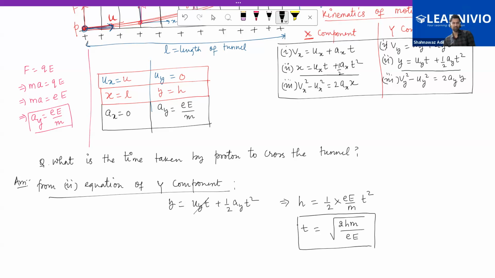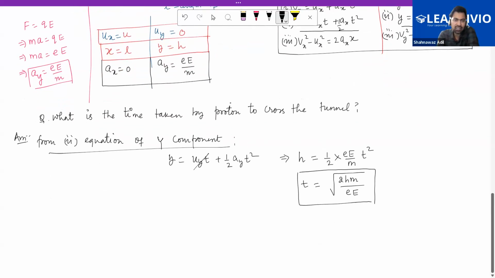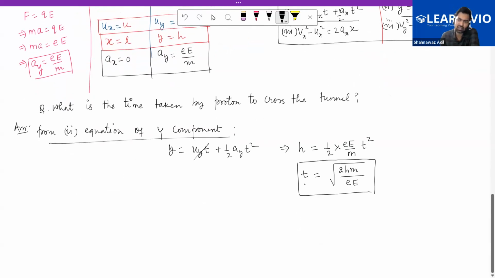Is it clear? And you see that this is not depending upon the initial velocity, right? Whatever initial velocity you provide, it is only dependent upon the mass, the h, the charge e, and the electric field. So whatever initial velocity you provide, that is totally independent of that. Let's say the time this proton takes to cross this tunnel is this one.